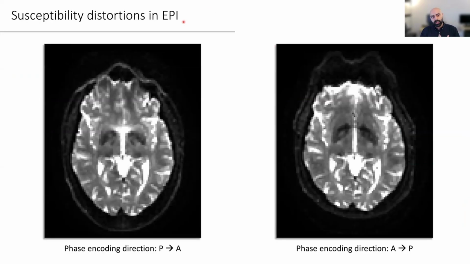Diffusion data is acquired with a type of sequence called echoplanar imaging, or EPI. And EPI is notorious for these geometric distortions. These happen because of interactions between the anatomy itself and the scanner environment, or the main magnetic field in the scanner. It just means that we think, oh, I'm acquiring data at 3 Tesla, so every voxel, every location in the brain is experiencing 3 Tesla.